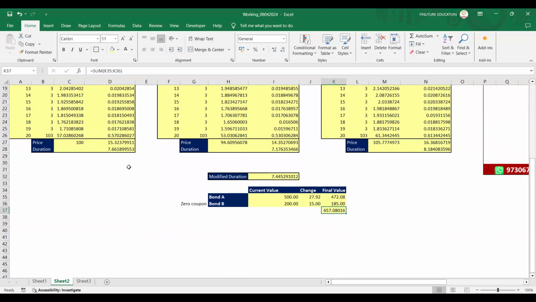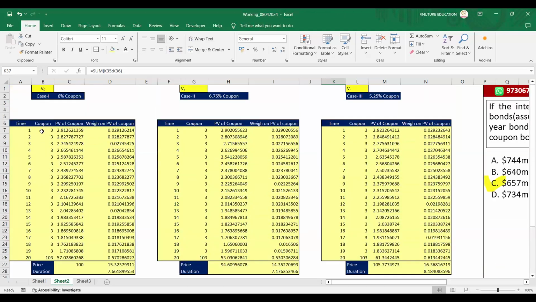See, what YTM will do is decrease the present value of your coupon more. Say for example, this $3, the present value that you were receiving was 2.91. If I make it something like 4%, if your rate is going up, then you're receiving less today.